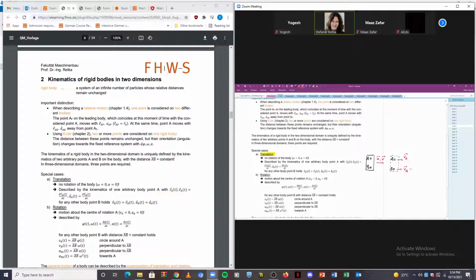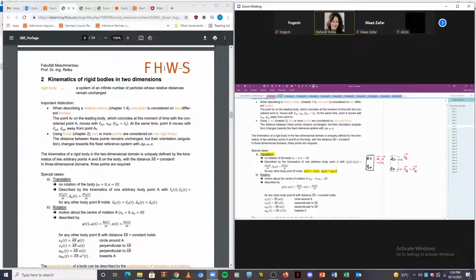VB is equal to VA. That's what is stated here. In case of translation, all points on the rigid body move with the same velocity and acceleration in the same direction. That's our first simple form of motion.